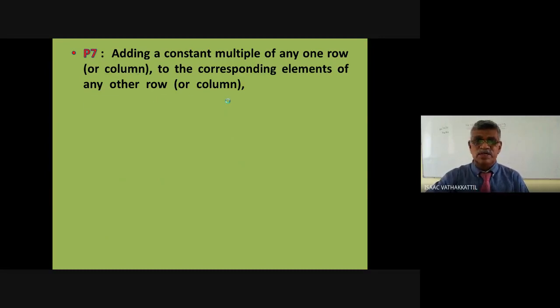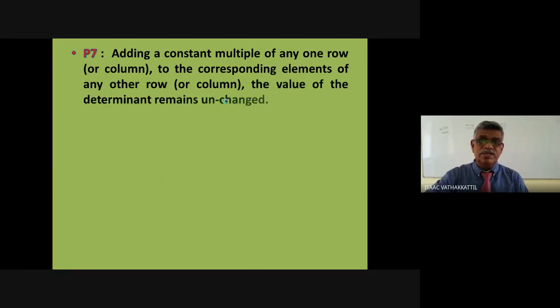No change is possible here. The value of the determinant remains unchanged. Very important. If I add double of one row to another one, or if I simply add one row to another, one row is actually one multiple. Or if I subtract one row from another, subtracting a row means I multiply with -1 and add.